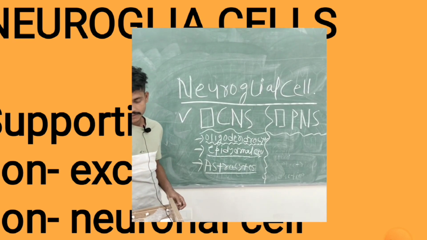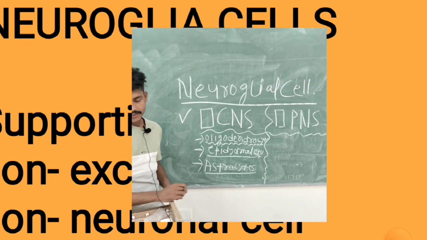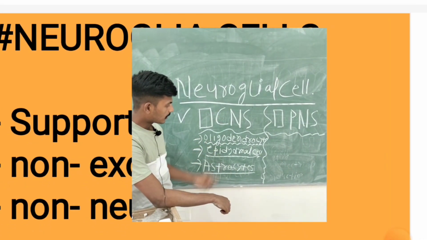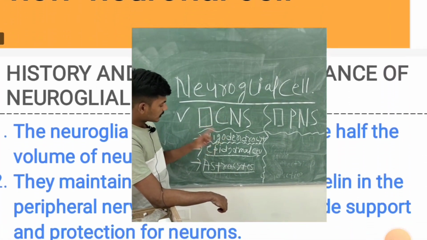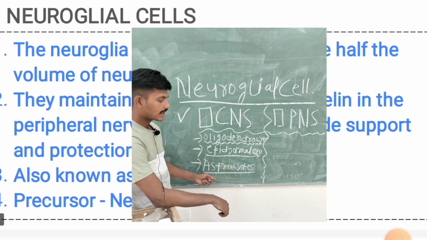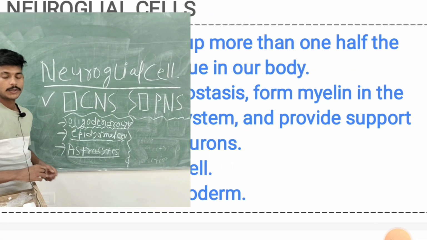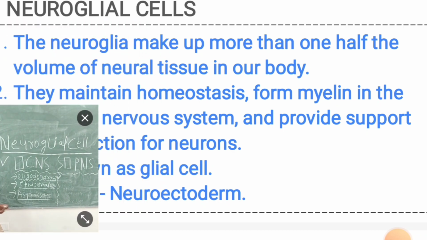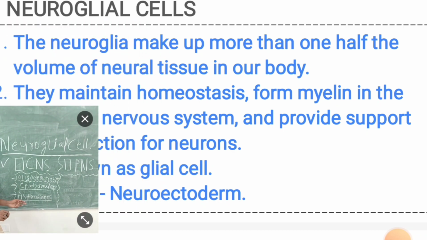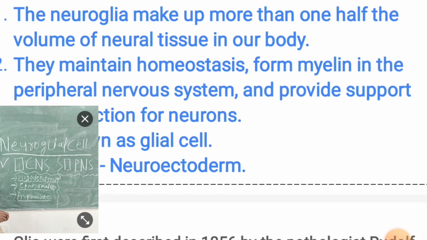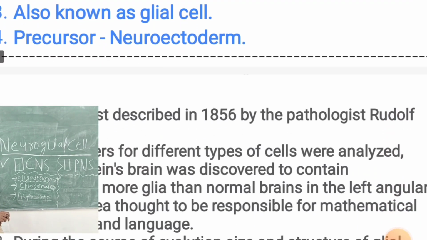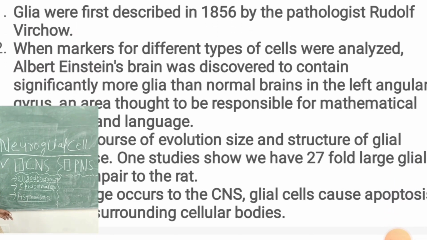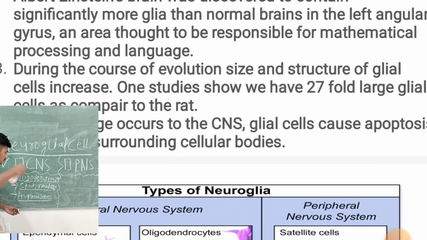It is present in the central nervous system, and it is the most abundant of all the neuroglial cells in the central nervous system. There are two types: the first is the fibrous astrocyte, and the second is the protoplasmic astrocyte. Clear? Now, the cancer of the astrocyte is called astrocytoma.